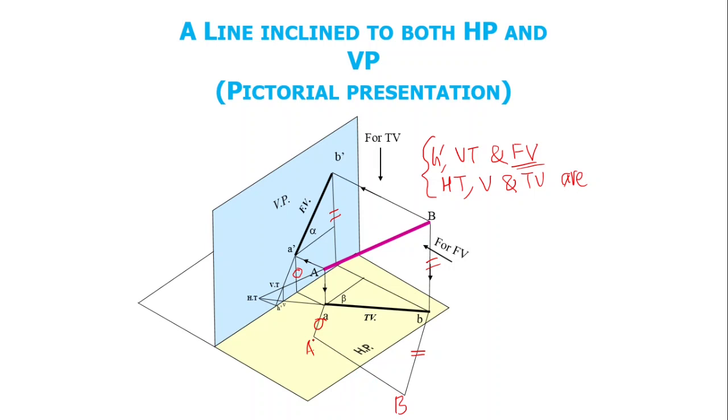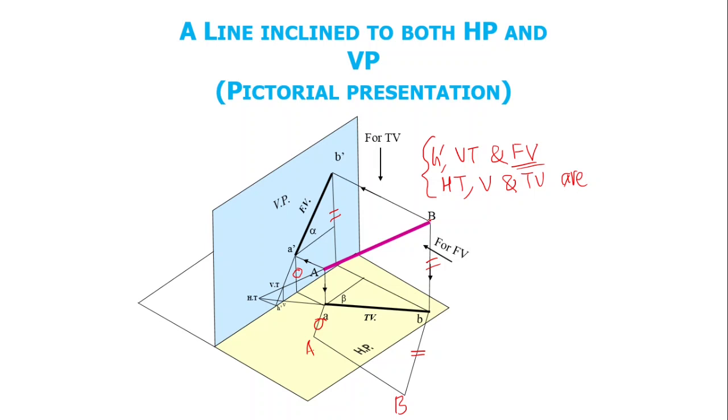By using this method, we can find the true length by marking the distances of the end points in the front view, and marking those distances in HP. Then we can easily find the true length.